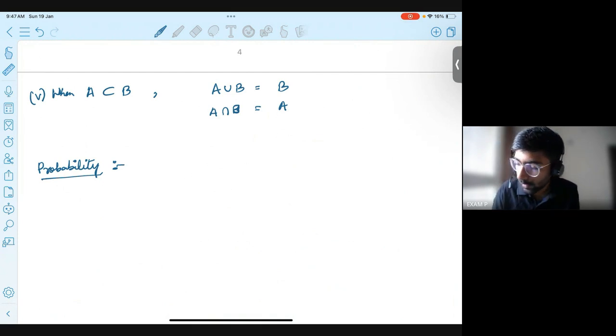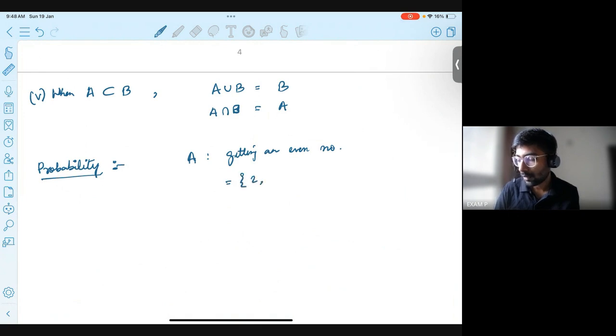When I say A is the event of getting an even number when you throw a dice, you know there are 3 possible outcomes in this event, and the entire sample space is 1 to 6.